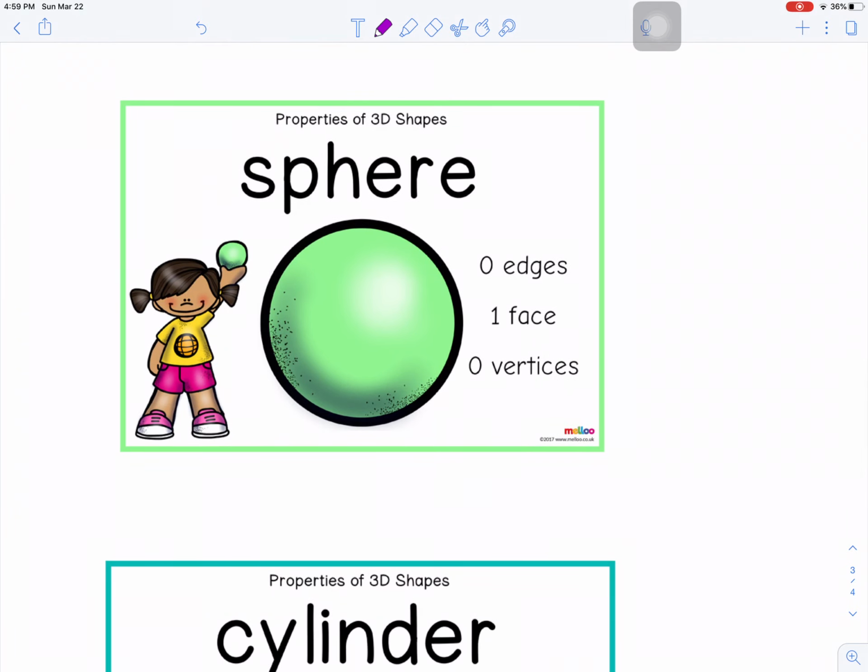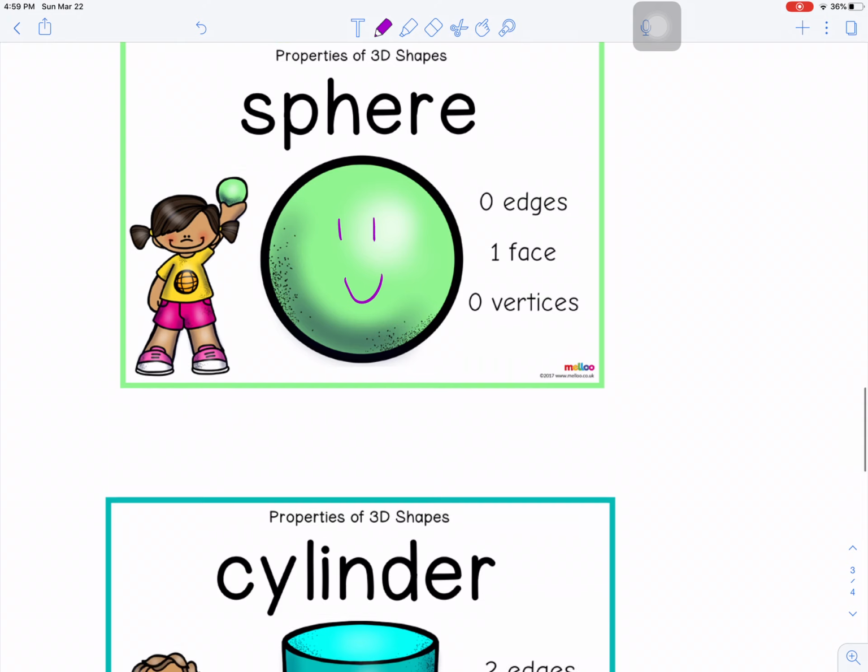Oh, here's an interesting one that you're very familiar with. A 3-dimensional shape called a sphere. It has no edges, no vertices, and it has one face. And actually, its face is not a plane. So that's unique. If you think about it, its face is not a plane. Lots of questions about spheres.